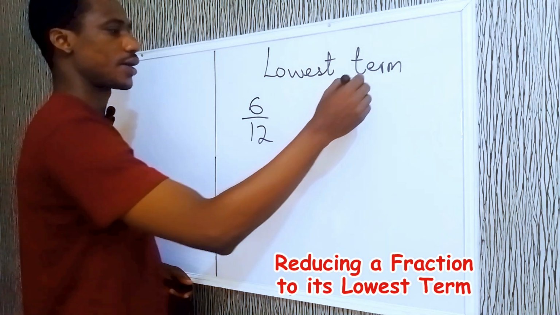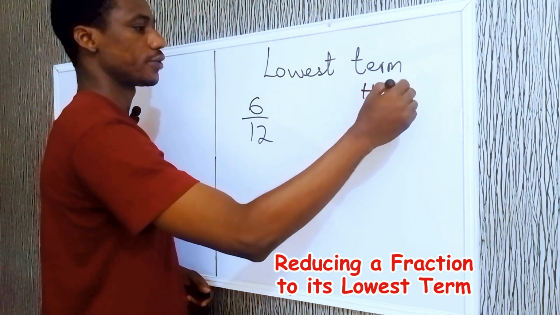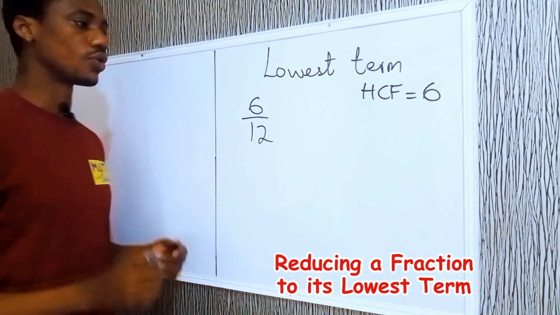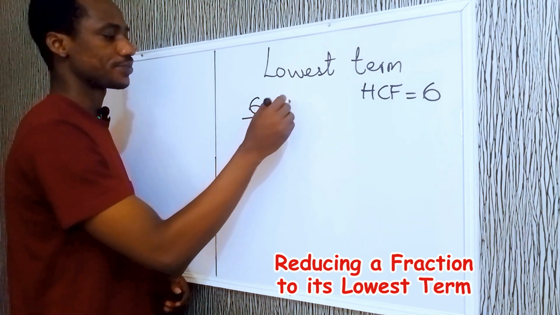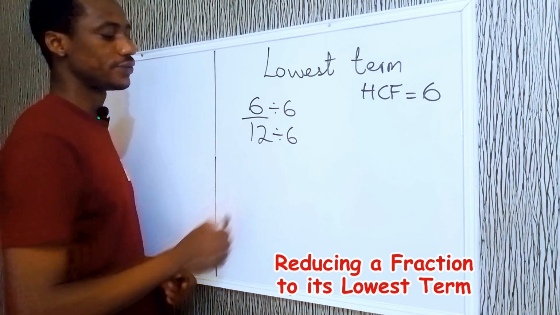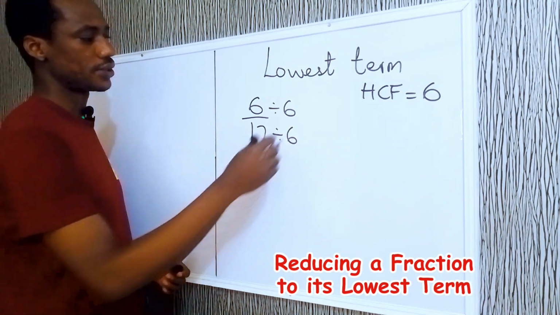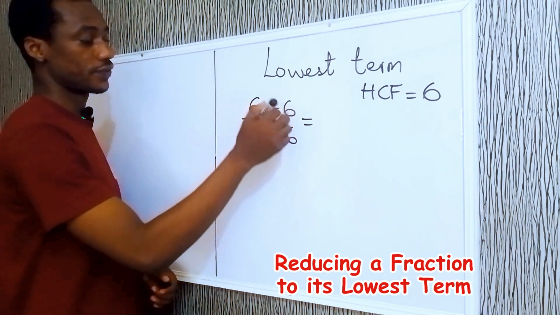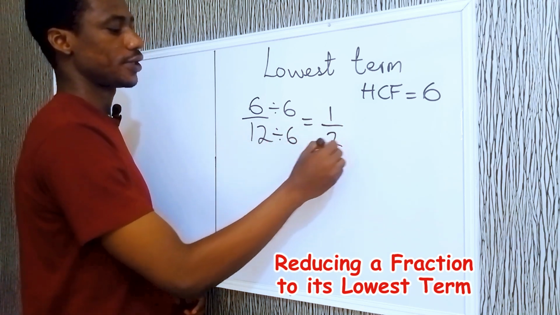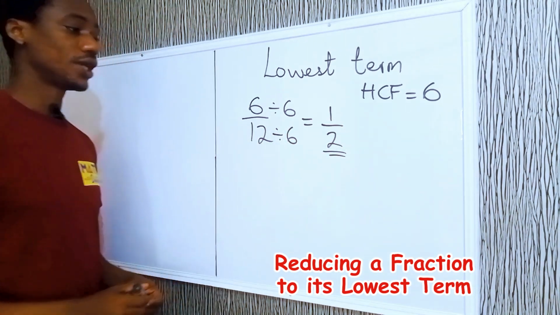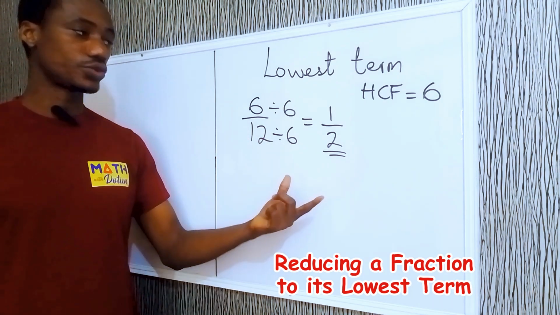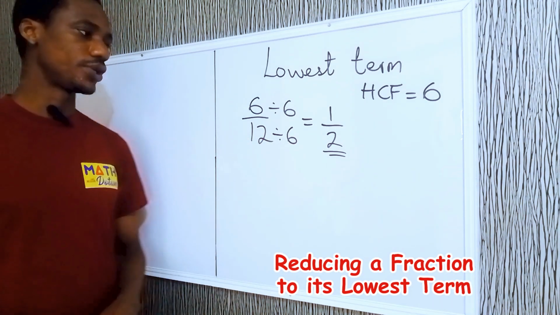So we divide the numerator by 6, and then divide the denominator by that same number. 6 divided by 6 is 1, and 12 divided by 6 is 2. So this fraction is at the lowest term. 6 over 12 is the same thing as 1 over 2, and 1 over 2 is the simplest form.